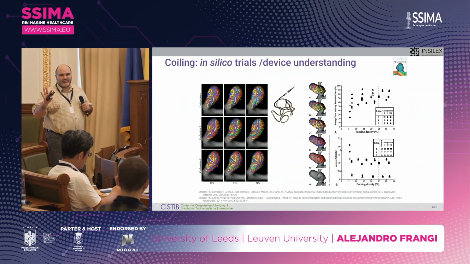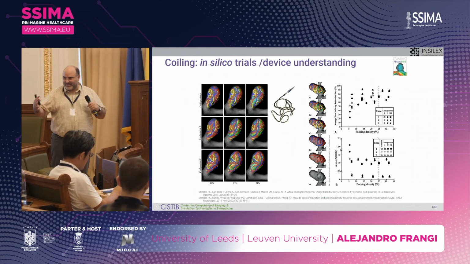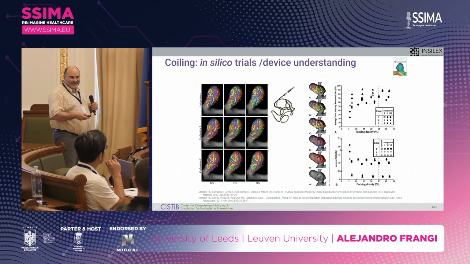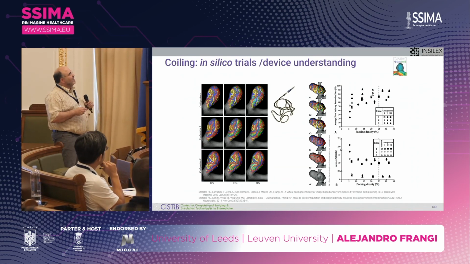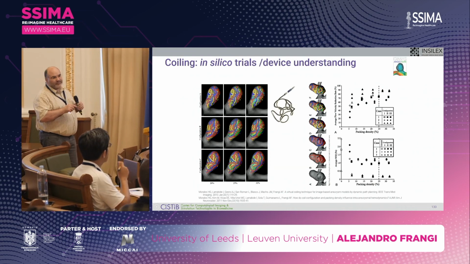Just to give an idea, each of these coils is about 1,000 pounds, right? And you put between 6 and 30 of them, so that can be quite expensive depending on the size. And putting 2 or 3 more or less matters in terms of money, but also in terms of patient outcome. So look at this. Each of these columns corresponds to a different packing density. So all these 3 cases are 20% packing rate.